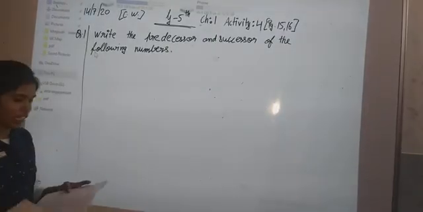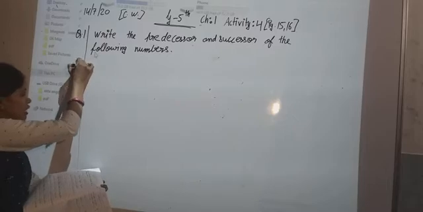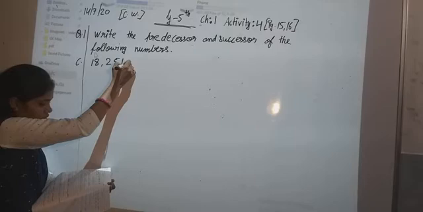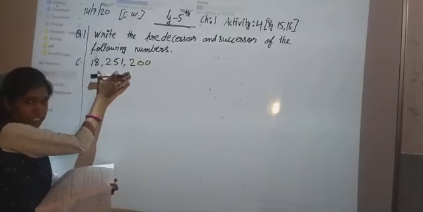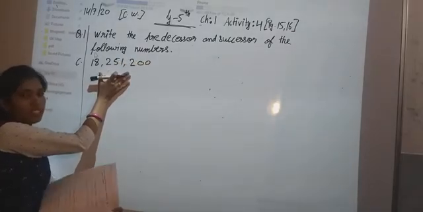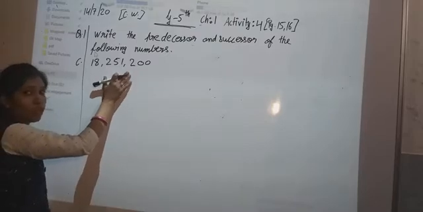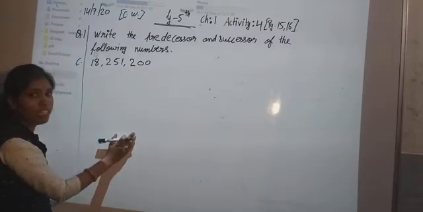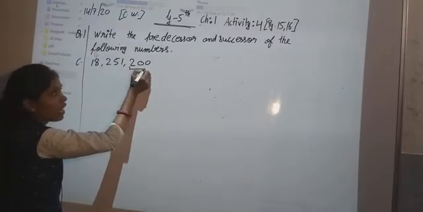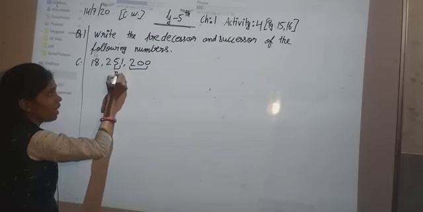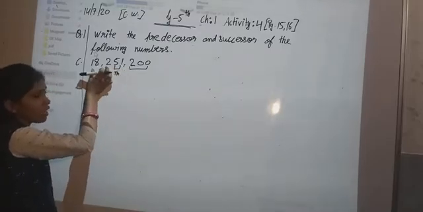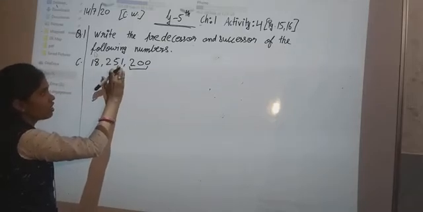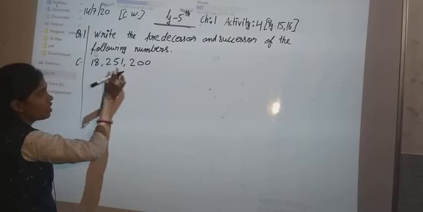Okay, question C is 18,251 or 200. This is the international place value, because in the Indian place value system we always put commas differently. First we have 100, after that 1000, then 2 digits each for lakh and crore. Now we have 3 digits after the comma.